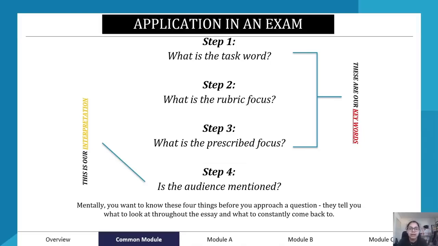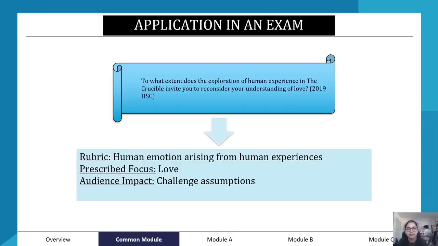So the first 3 steps are your keywords. That's the key ideas that you have to incorporate in your thesis. And then step 4 is your interpretation, the audience mention. Now mentally, you want to know all these 4 things before you approach a question, and they'll tell you what to look at throughout the essay and what you constantly want to come back to as well.